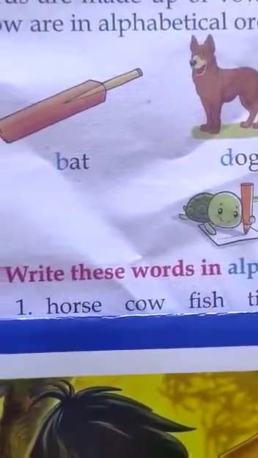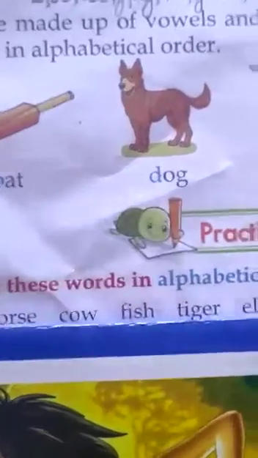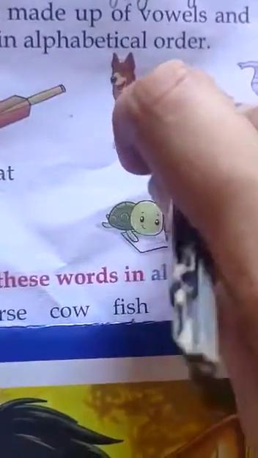In the last class I told you to learn about vowels and consonants. There are 5 vowels. Tell me, what are the 5 vowels?